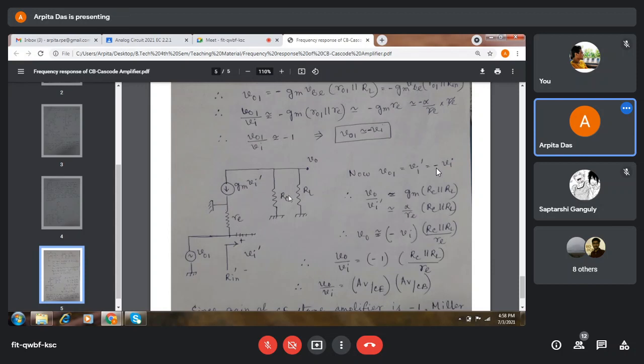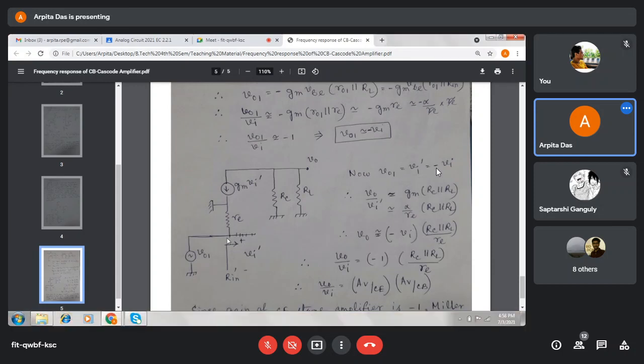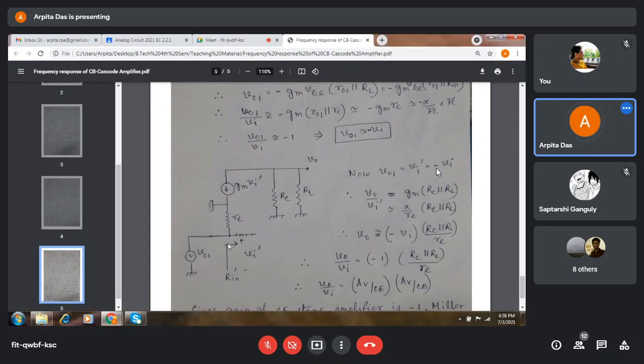If we do not consider the frequency, meaning if we consider the mid-band frequency range, there is no existence of capacitances. Then what will happen? We have found that VO1 is actually what? The value of voltage. We consider this one as say VI prime, and VO1 and VI prime are the same. And this is actually minus VI.